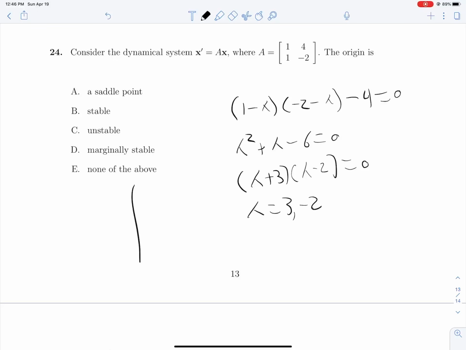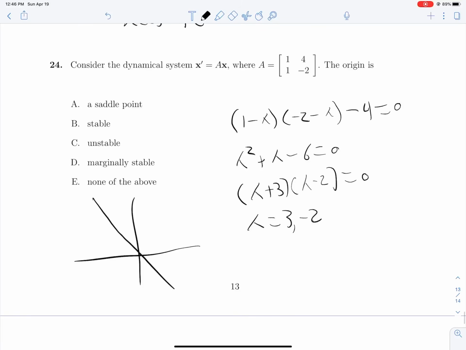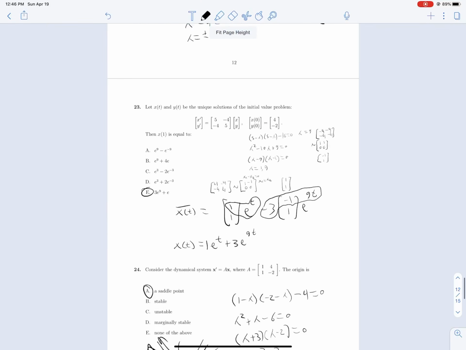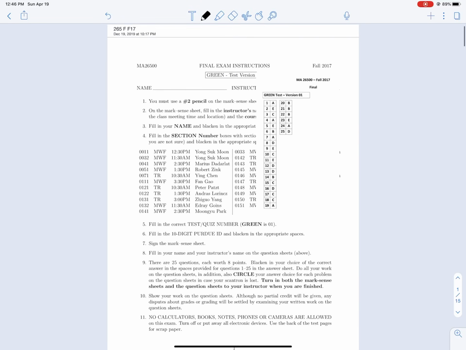If I draw it out, we have one eigenvector, two eigenvectors. As time goes on, our solutions will go from one eigenvector to the other eigenvector, and this is what we call a saddle point. So 24 is A.